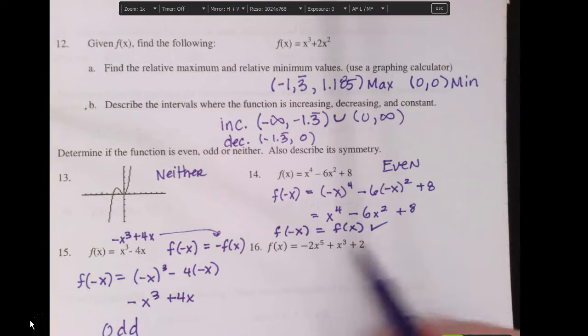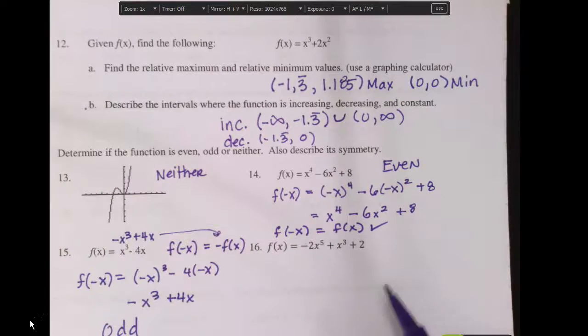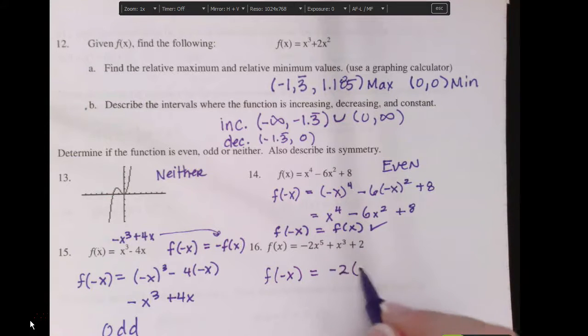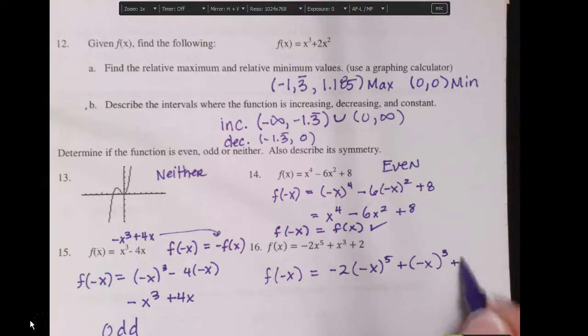And the last one, I've got odd powers, but then I have this constant that's being added. So that usually means some kind of a shift, which would throw it out of symmetry. So I'm predicting neither, but let me go ahead and plug in and see what I get. Negative 2 times negative x to the 5th plus negative x to the 3rd plus 2.